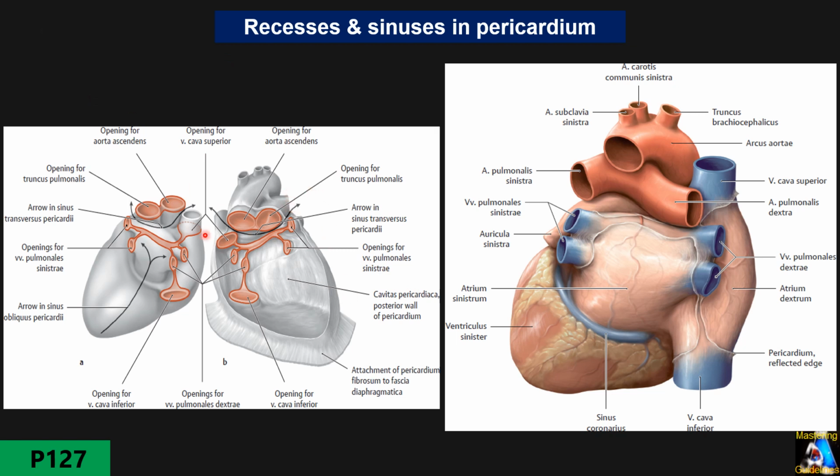The most important are the transverse sinus and oblique sinus. Here these two, and the others around all those vessels you can see are recesses. Each of them takes an anatomic name. For example, if it's posterior at this area, we call it posterior caval recess, or inferior caval recess, and so on.